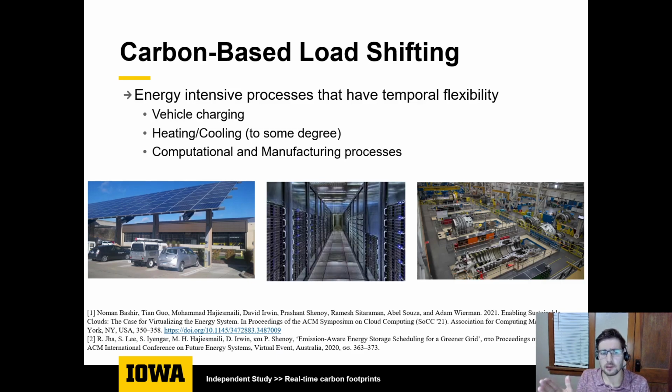So they load shift, they run their process when the price of energy is cheaper. So we do cost-based load shifting. But now that we have these metrics, we can do carbon-based load shifting and do the same thing where we can optimize manufacturing or computational processes based on our carbon metrics.